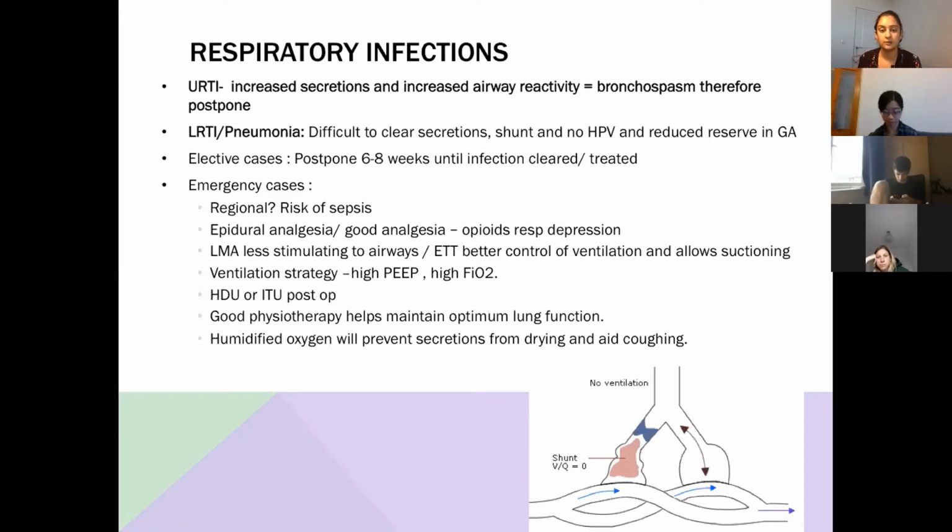However, a tube gives much better control of ventilation, and it allows suctioning of extra secretions. The ventilation strategy for patients with respiratory infections would be a high PEEP and a high FiO2, taking them to HDU or ITU post-op, good physiotherapy post-operatively, and using humidified oxygen.